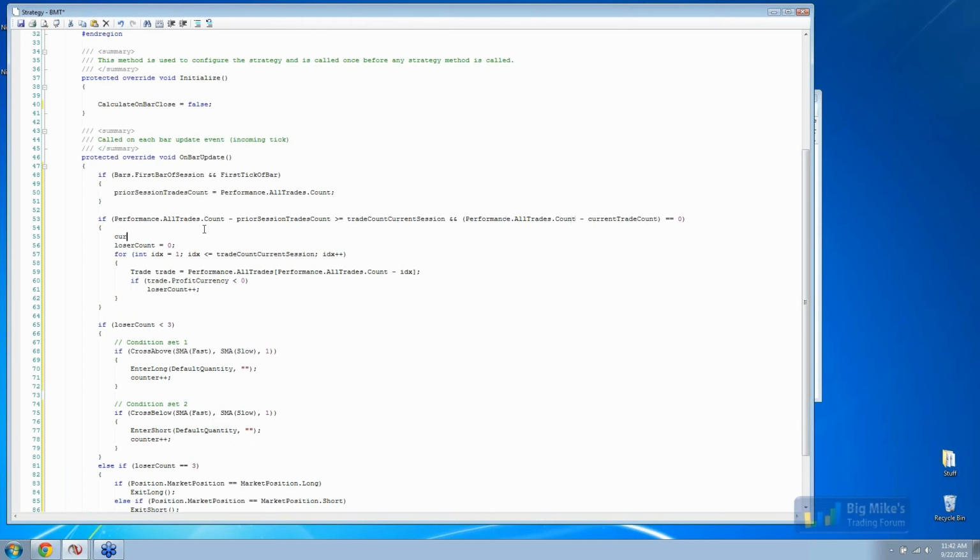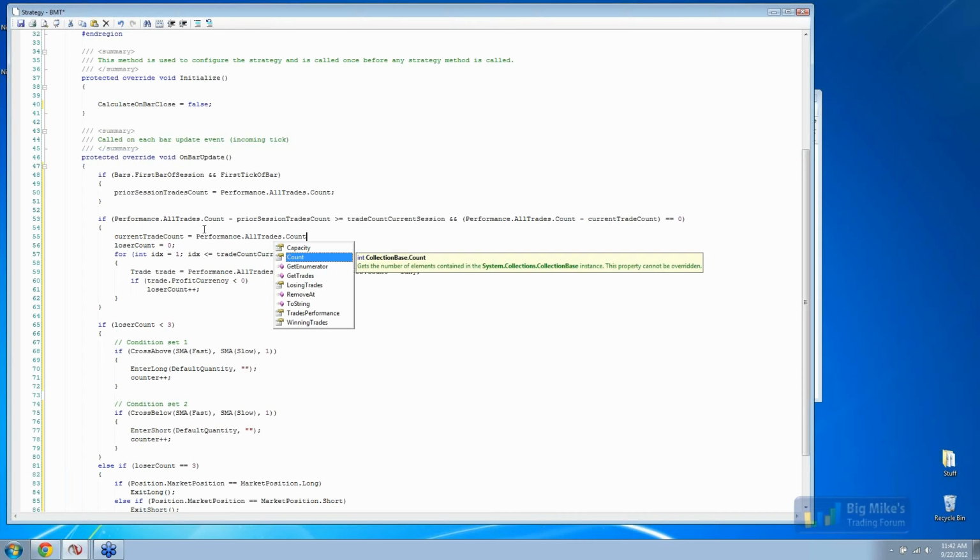So we need to go ahead and set current trade count equals performance.alltrades.count. And hopefully that works. I mean, let me think through this logic.